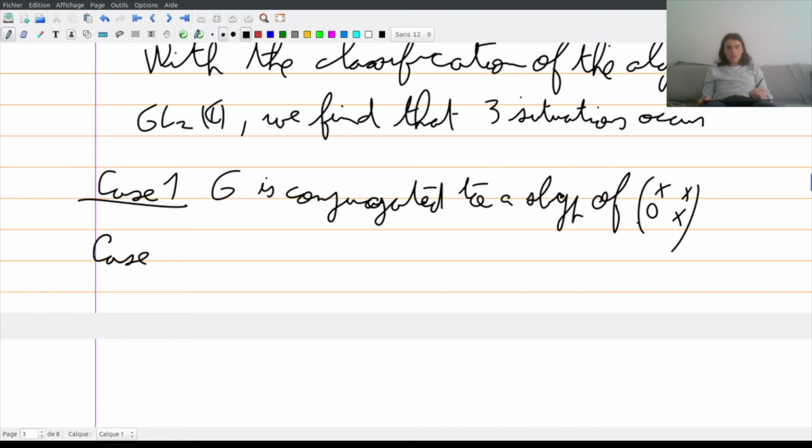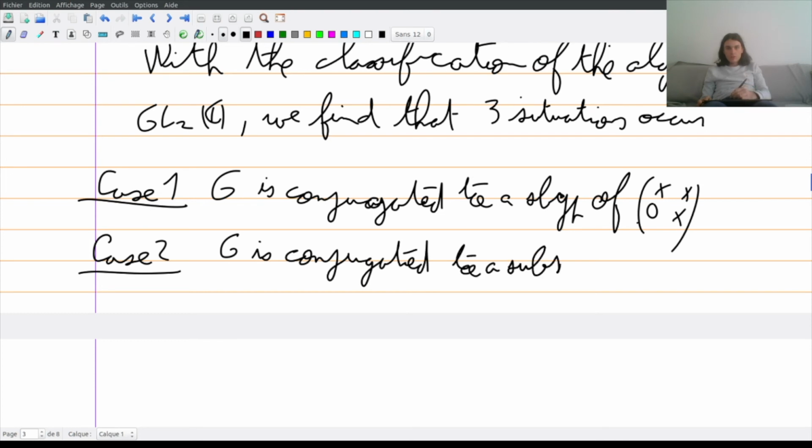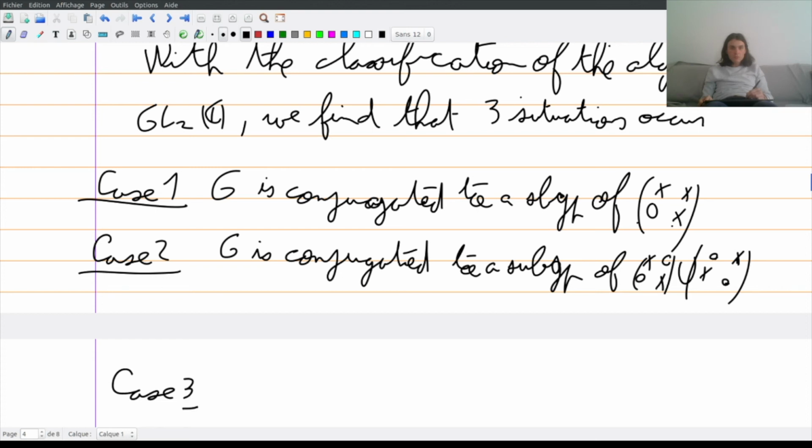The second case, J is conjugated to a subgroup of the infinite dihedral group. And case 3, J contains SL2.